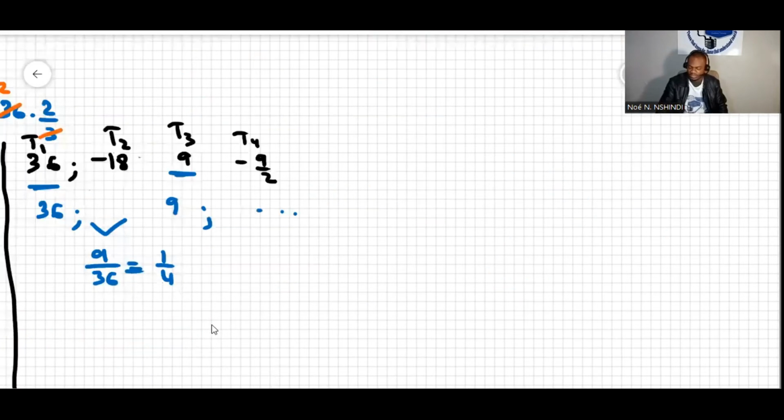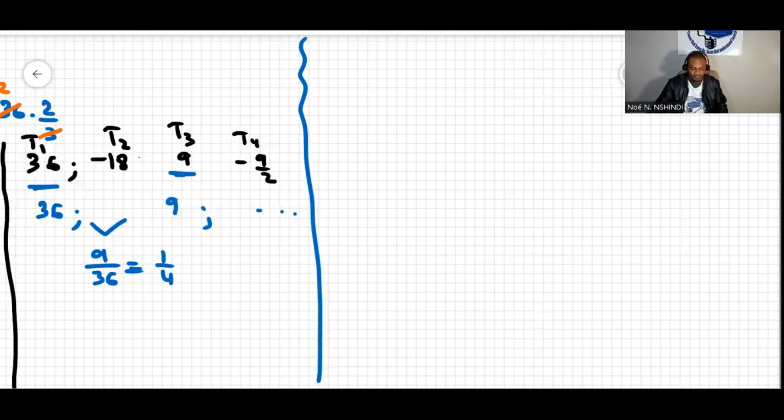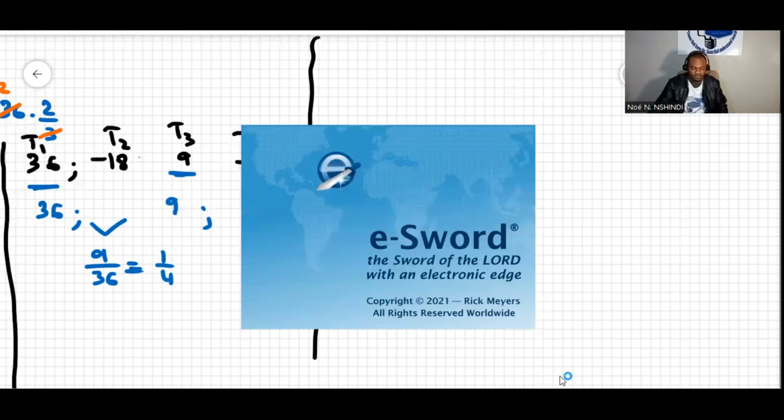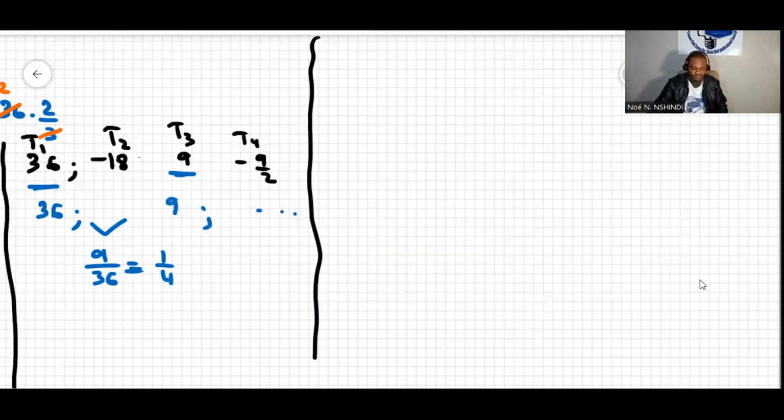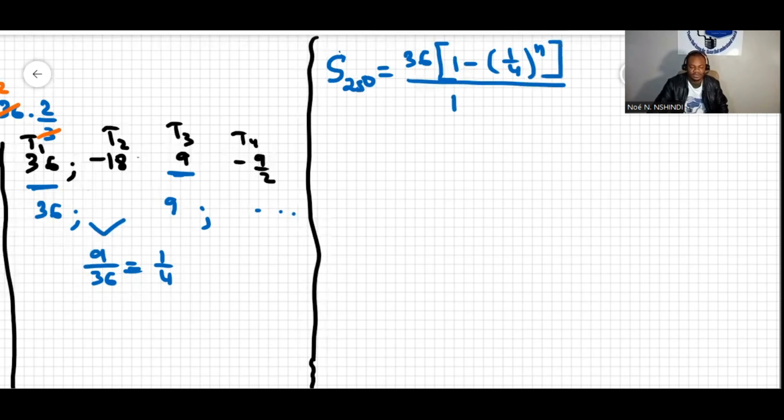Now S250 would be equal to A36, the first term, open square brackets, and then 1 minus the constant ratio, which is now a quarter, to the power of n, close brackets, all over 1 minus a quarter.